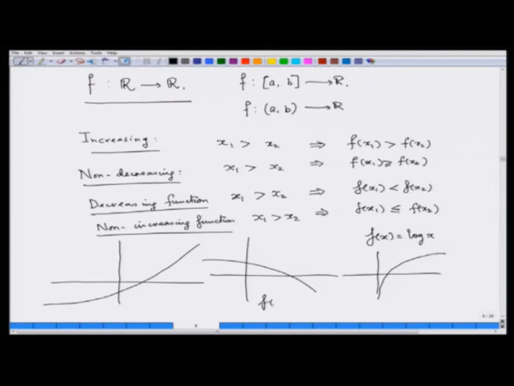Or if you take its inverse, f of x equal to e to the power x, that sort of function is also an increasing function. So, this is the graph of e to the power x, and there is a graph of log x. These types of functions are very, very important, and they play a fundamental role in calculus, and that is exactly what we are going to talk about.